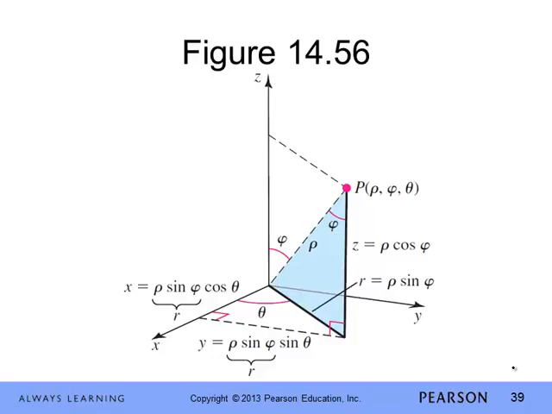And then if you take rho sine phi times sine of theta, you've got this distance right here, which is basically the y coordinate. And if you take rho sine phi times cosine of theta, you've got this distance right here, which will give you the x coordinate. So that's the reason why you've got those conversions between spherical and rectangular. It looks kind of strange, I know.